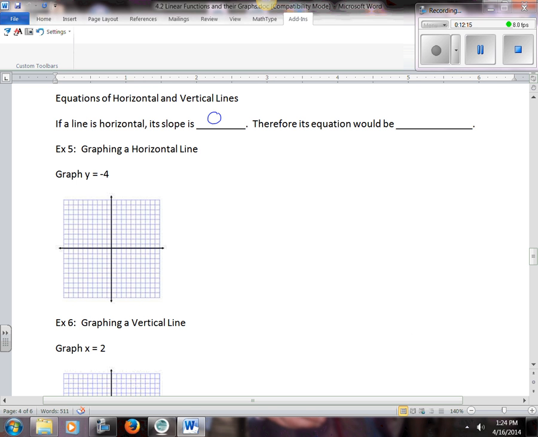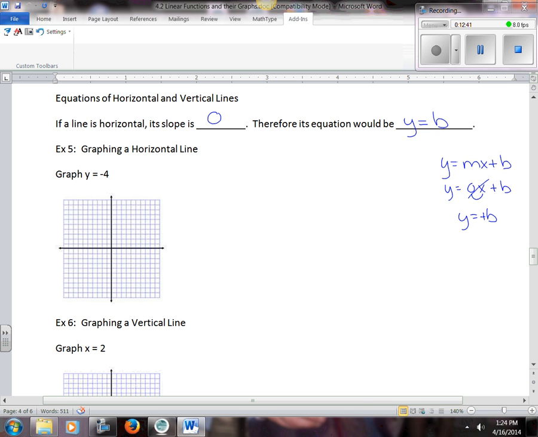We know 0 times anything is going to give us 0. So it just becomes y equals b. If it was y equals mx plus b and I'm telling you the slope is 0, 0 times anything is 0, that goes away, so it becomes y equals b.